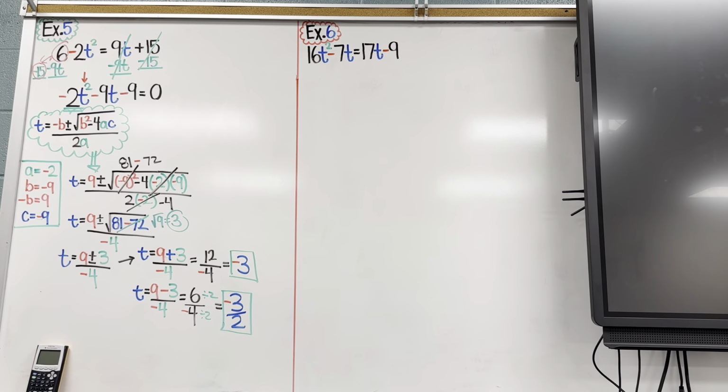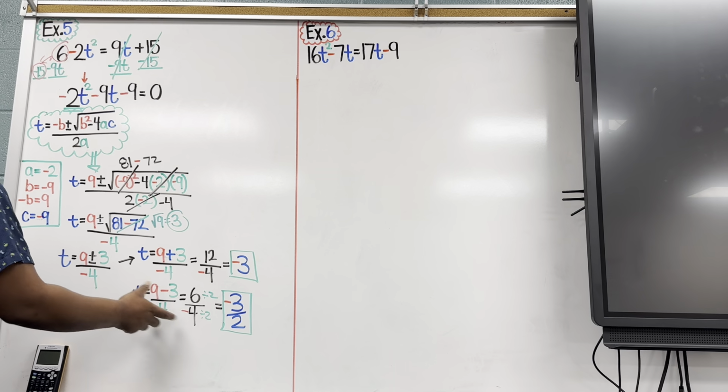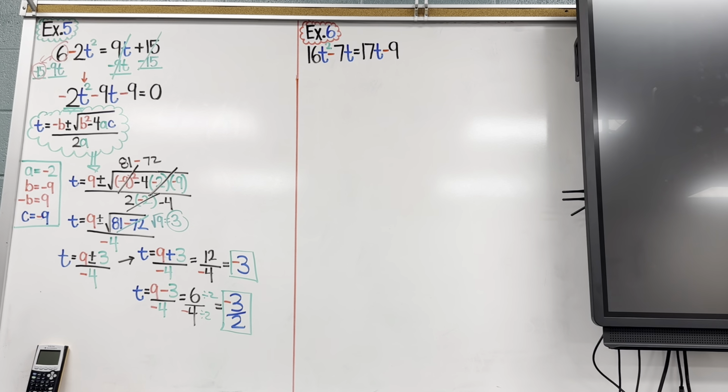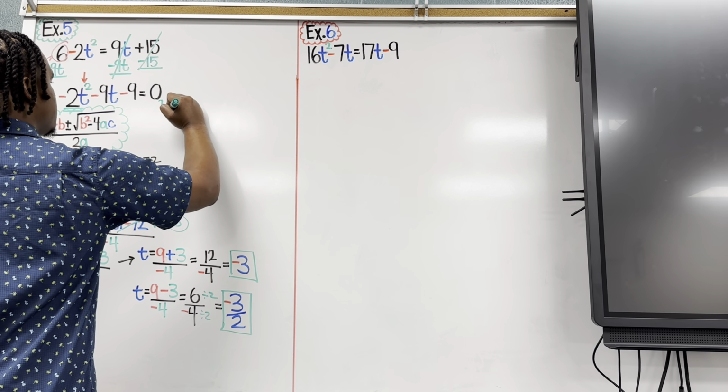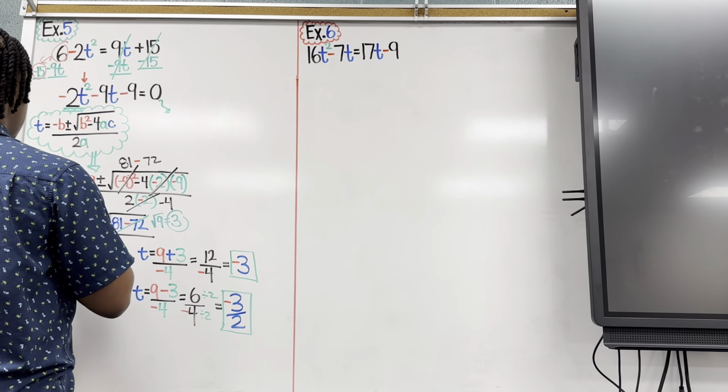These right here are the two values t could be in order to make this whole equation true. Now, I just want to check one of these values to prove my point. We're going to pick one of these values that t could be. I'm going to pick negative 3 because that's the easiest one.